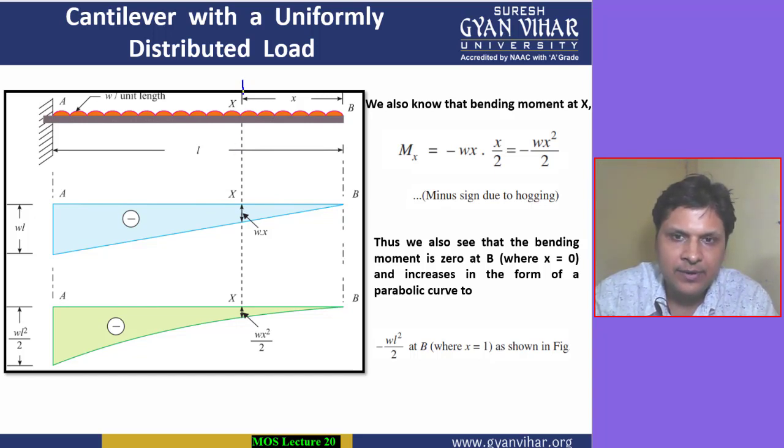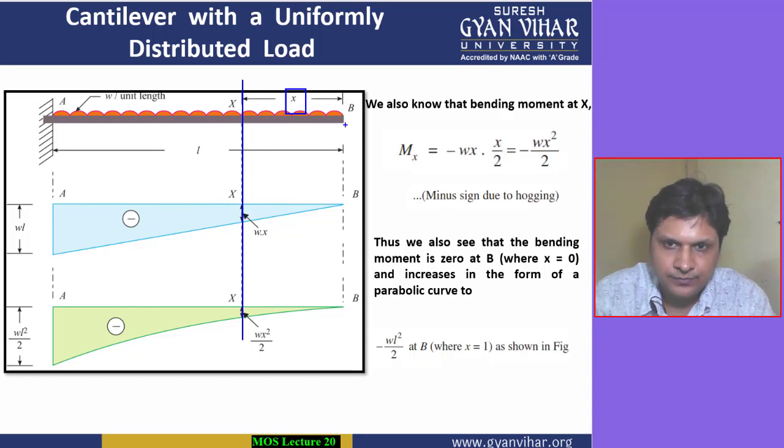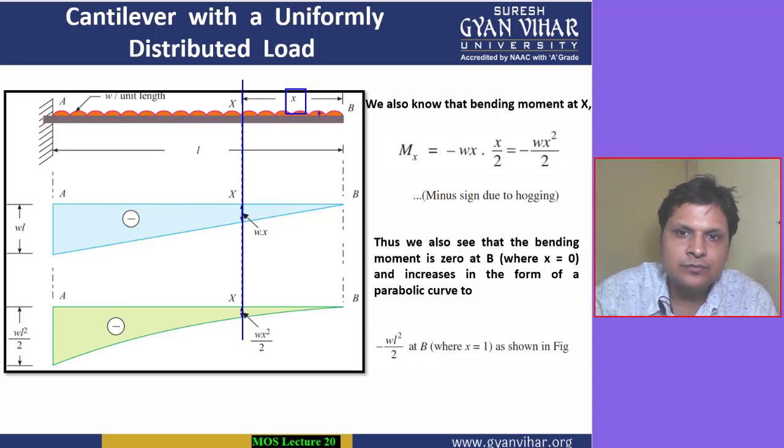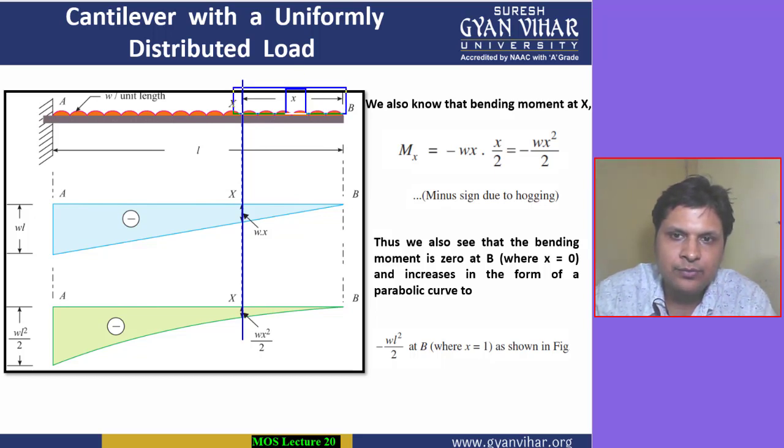Again, let's consider a plane at a distance of x from this B. In the same manner, this portion from x to B has a UDL, which we consider for the length x. So the total load will be considered as a point load acting at its center, and its value will be W into x.